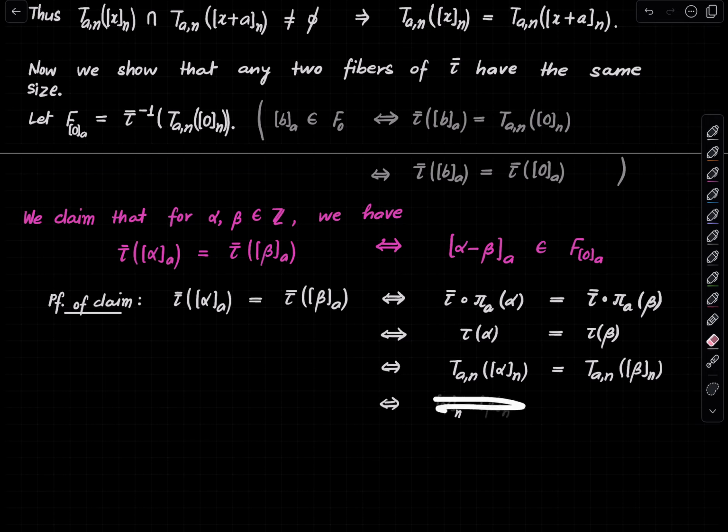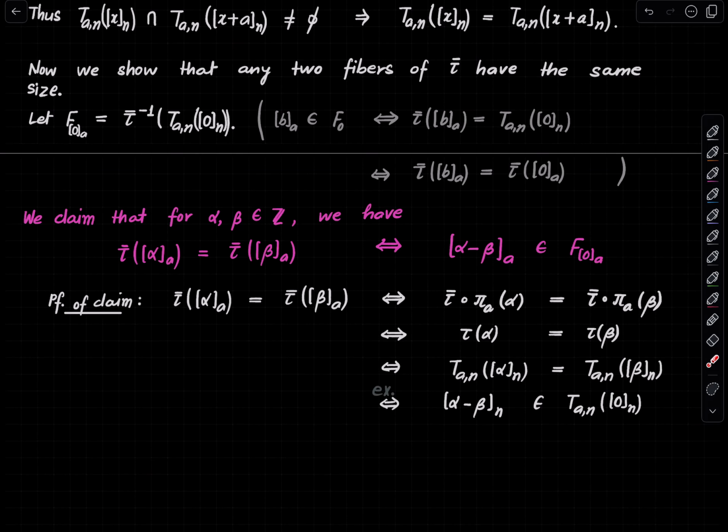And this happens if and only if this lies in the trajectory of the remainder class of 0. This is an exercise, even though we did it when we were doing the first equipartition property. So just try to see why this equality is equivalent to that belonging statement.